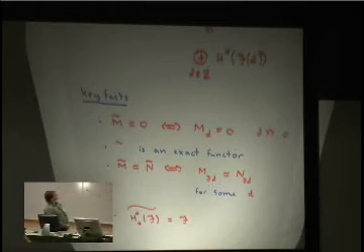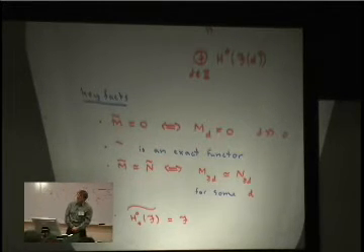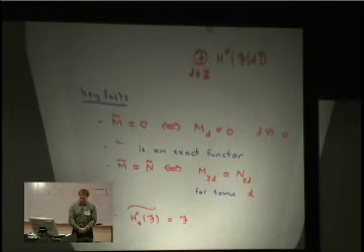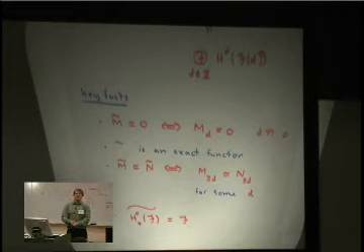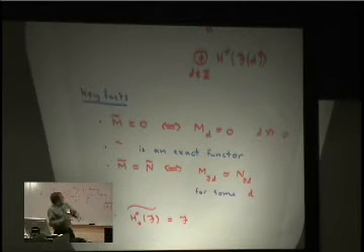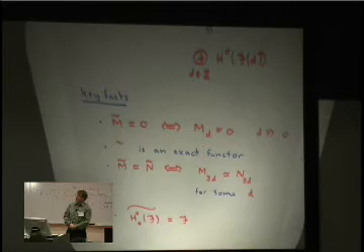M tilde will be isomorphic to N tilde if for some D, I truncate my module. So M in greater than or equal to degree D means I just lop off all the stuff before that, and it's a module. And I do the same thing for N, and if for some D those two things are the same, then my sheaves are isomorphic to each other.